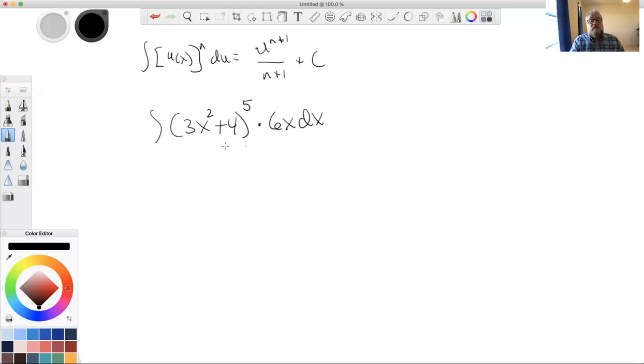This is like a product, with a power rule thing here, a function inside another function, and you don't want to multiply this out to the 5th power because then it becomes massive. So when I see a function raised to a power, I know this is a power rule problem. And in this form, u is most likely going to be that function inside the parentheses. So I'm going to let u equal 3x squared plus 4.